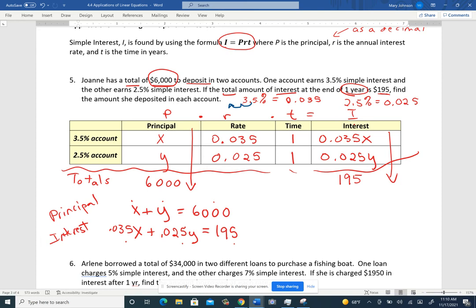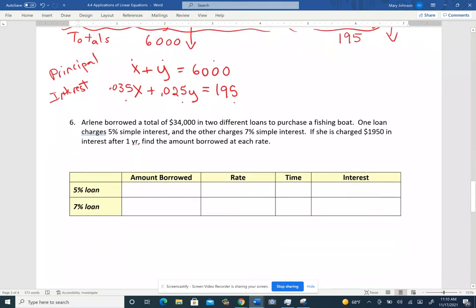All right, now that one was one where you're depositing money in a bank account and earning interest on it. I thought we'd do a similar thing, and this would be a similar formula and all, but instead of it being money you're earning, it's money you owe.